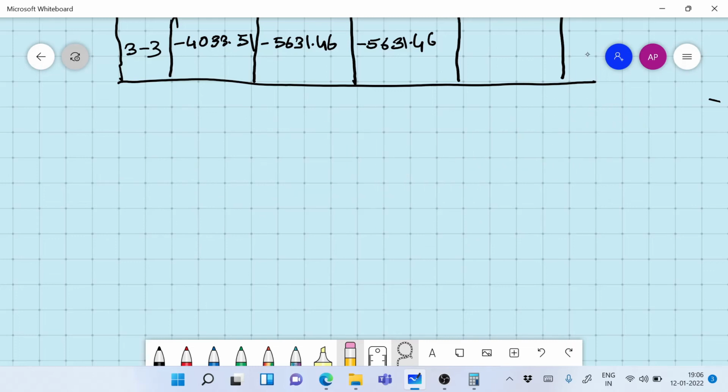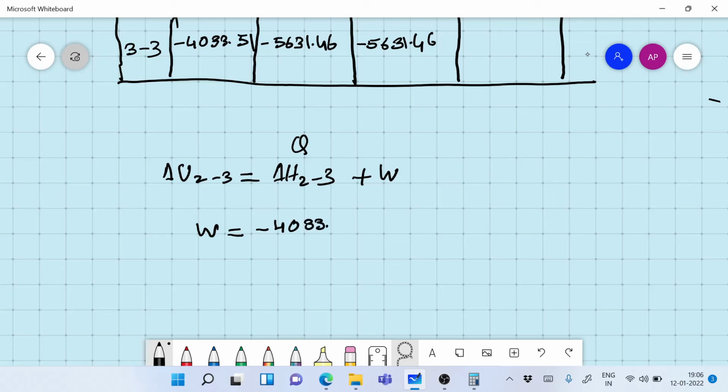Now we apply the first law on the constant pressure process. So applying the first law, we get delta U 2-3 is equal to delta H 2-3, since Q is equal to delta H for a constant pressure process, plus W. Therefore, W is going to be equal to minus 4033.51 minus of minus 5631.46.